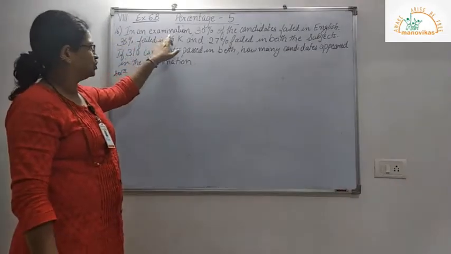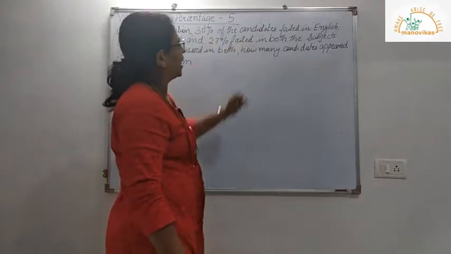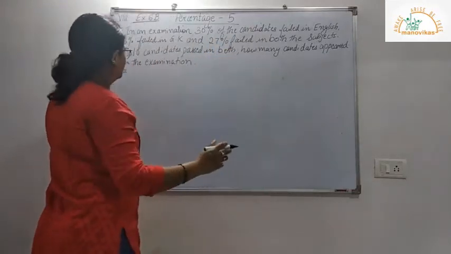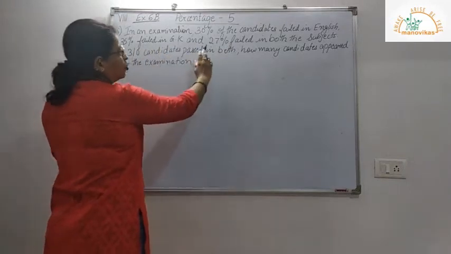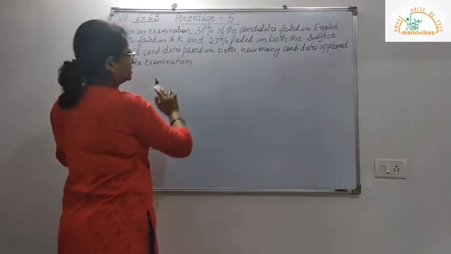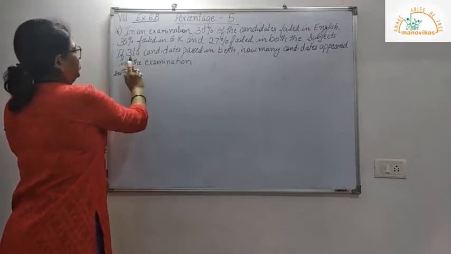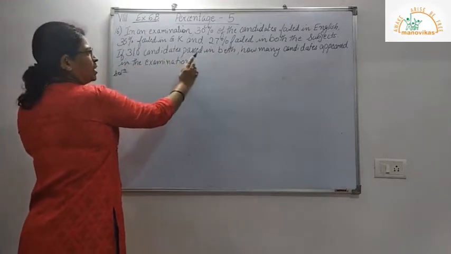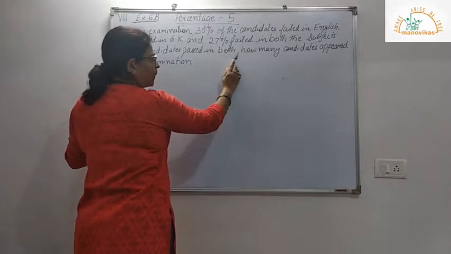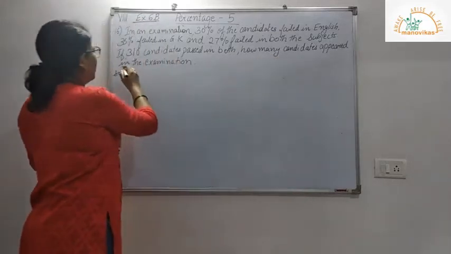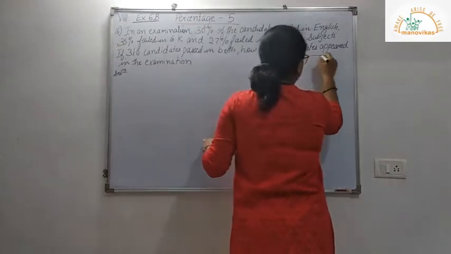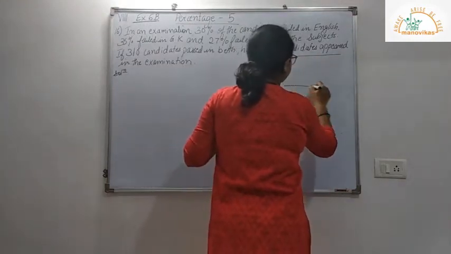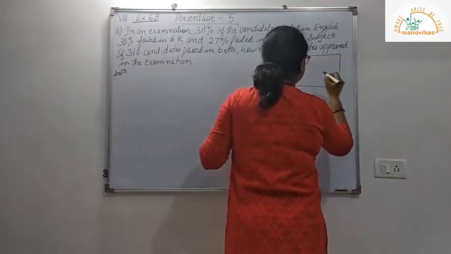In an examination, 30% of the candidates failed in English, 35% failed in GK, and 27% failed in both the subjects. If 310 candidates passed in both, how many candidates appeared in the examination? Now let us draw a chart over here.